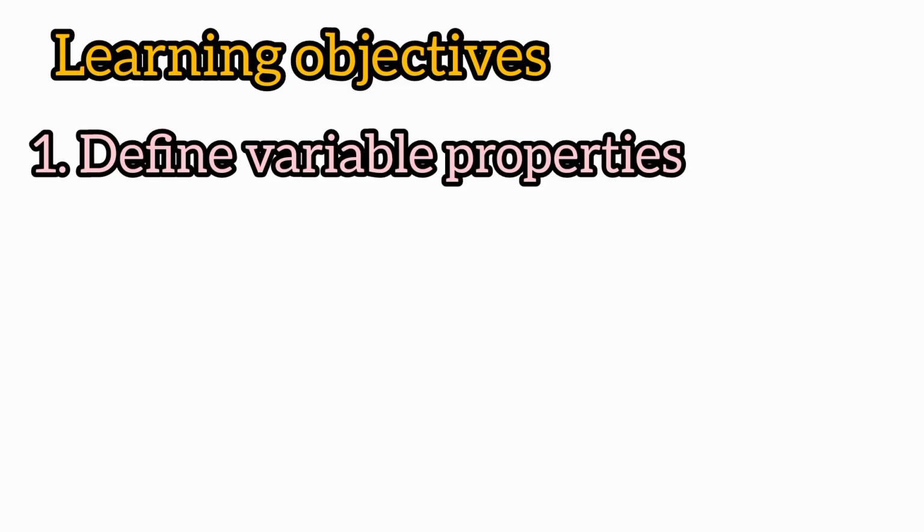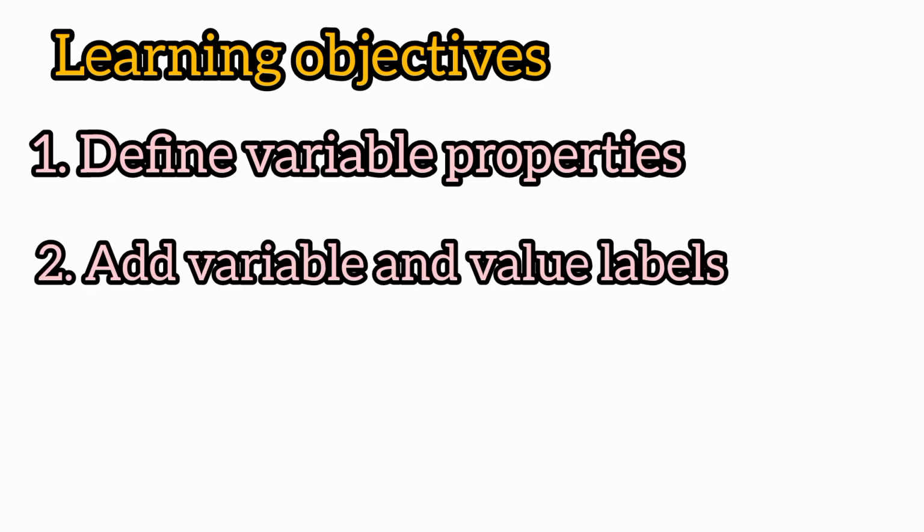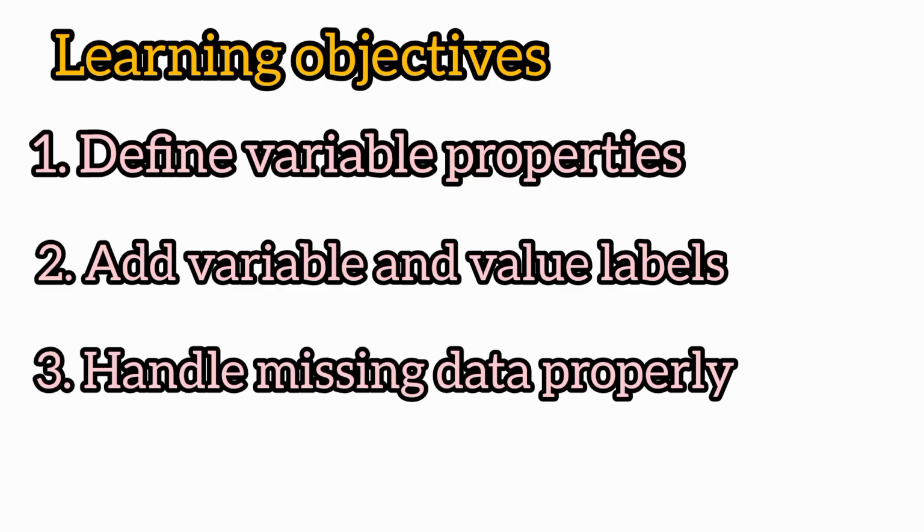Today, we will learn how to define variable properties, add variable and value labels, and handle missing data properly. By the end of this video, your data set will be fully organized and ready for analysis.